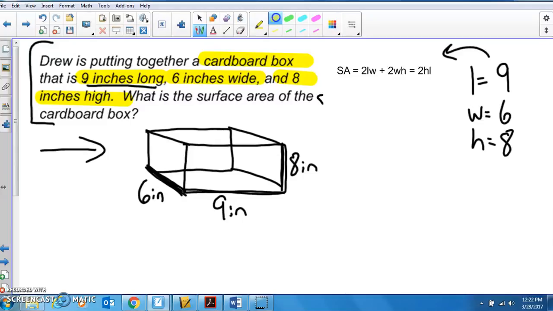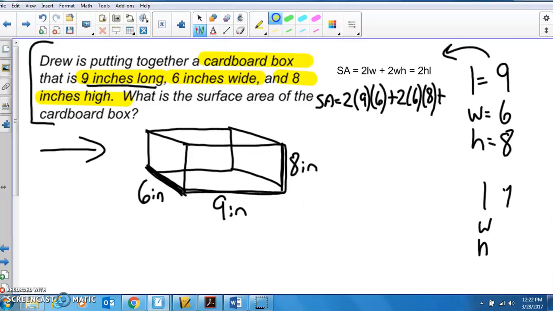So we know surface area is 2 times length times width. All I'm doing is substituting my information in. Plus 2 times 6 times 8, plus, what I'm going to do is move these down here some.